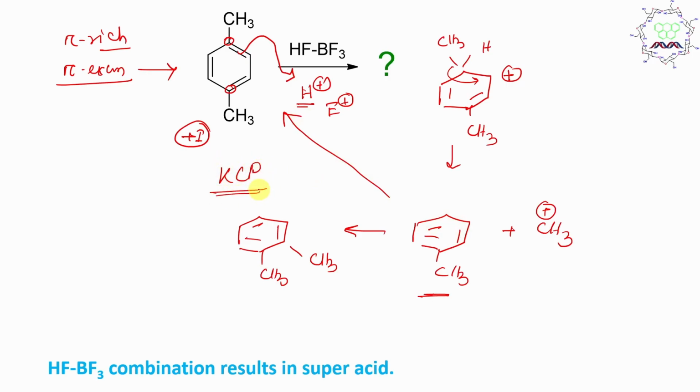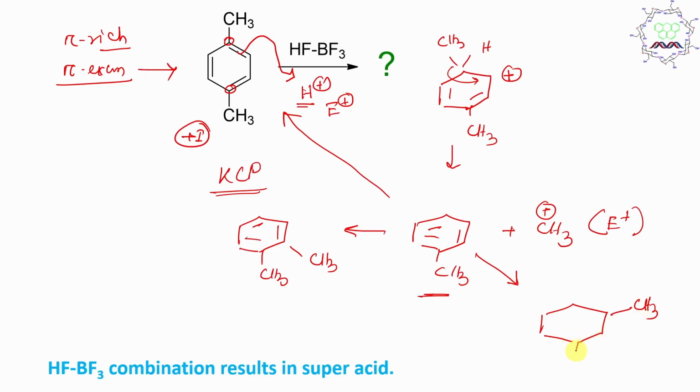Okay, but since the reaction medium is very strongly acidic, ultimately the reaction will try to go through some more stable pathway. And in this case, this methyl group will actually act as an electrophile, and through aromatic electrophilic substitution, it will end up as metaxylene.